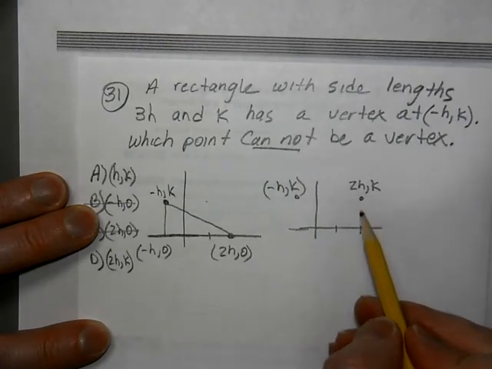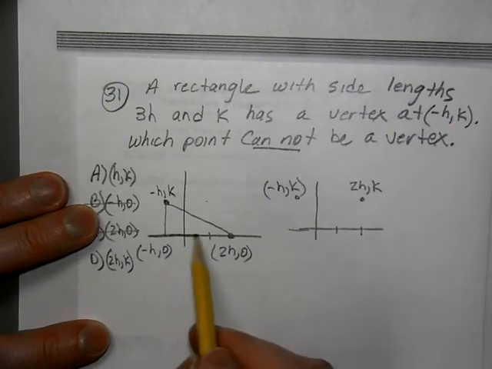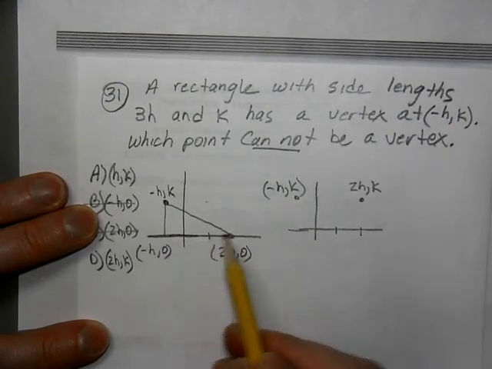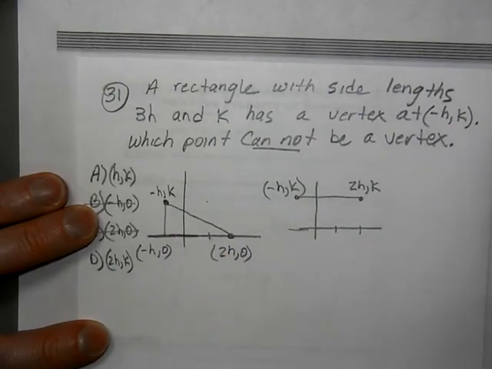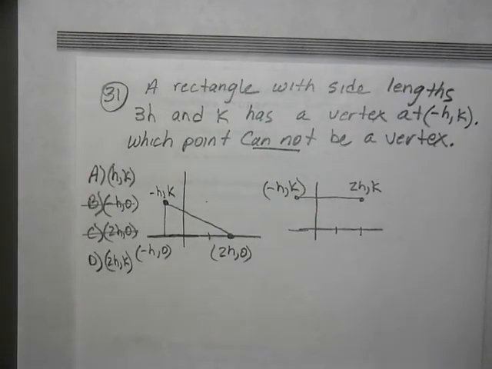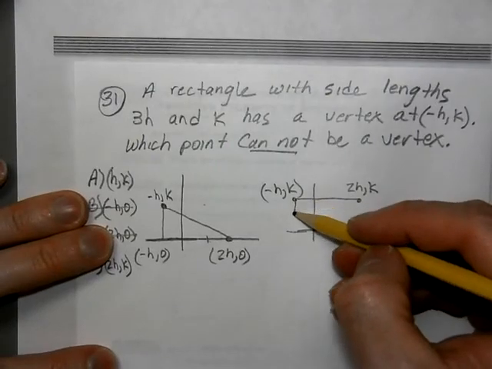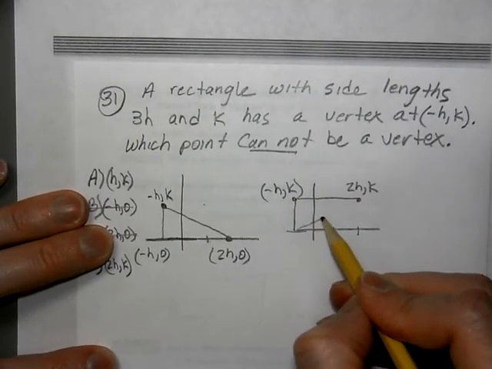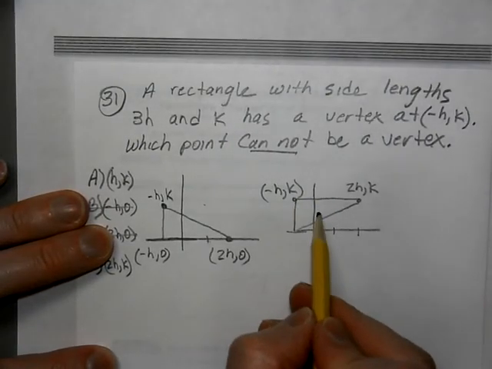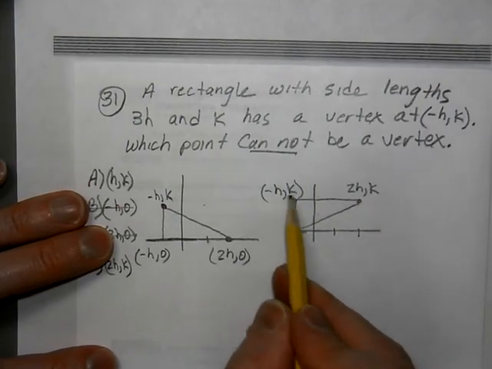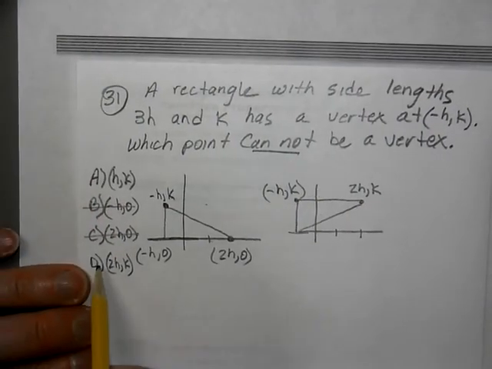And then that would be like this side. We could go like that. We could also go this way. We just need a vertex here. So we can rule that one out.